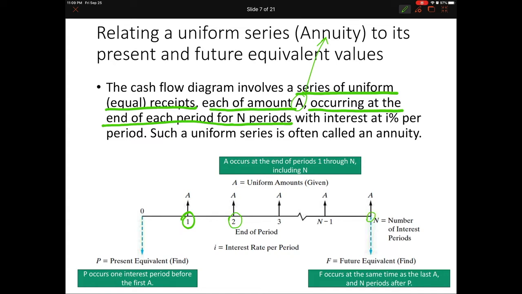So the annuity always begins at the end of the first period and ends at the end of the nth period.